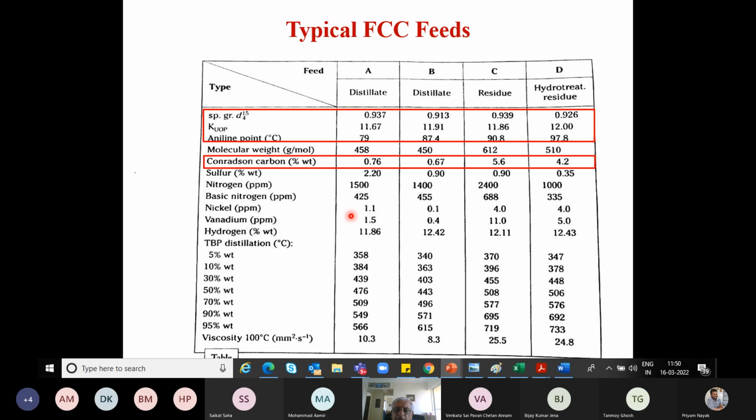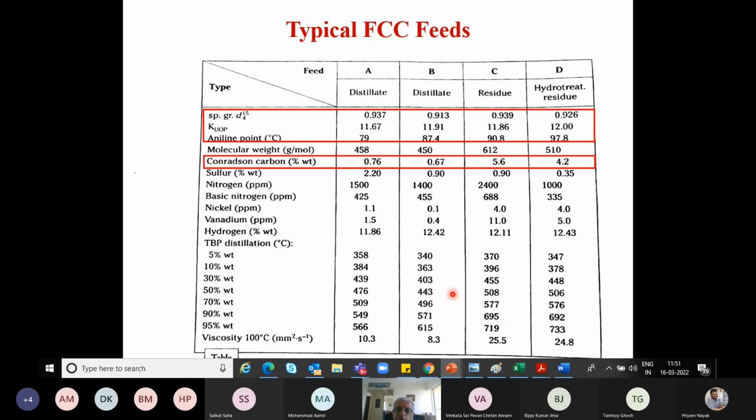In other words, higher nickel and vanadium or higher CCR can affect your catalyst and make the process more expensive to operate. As you can see, the 95% point in residue is also much higher.